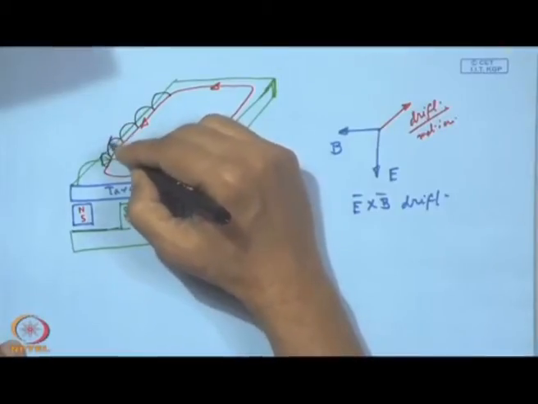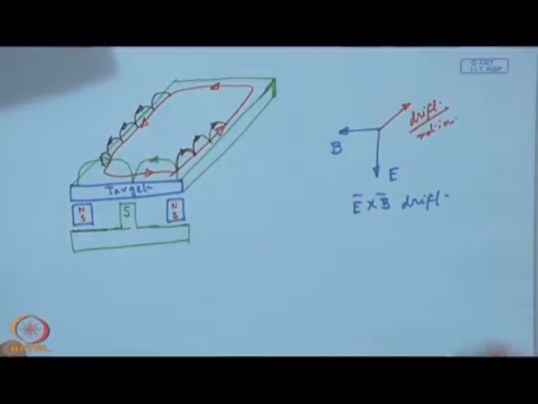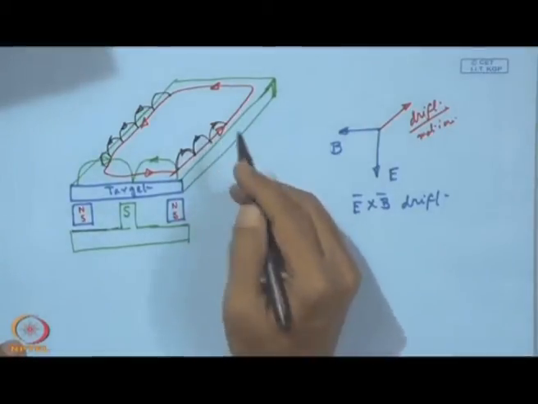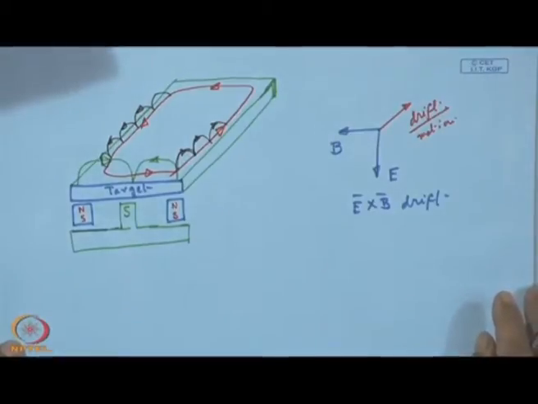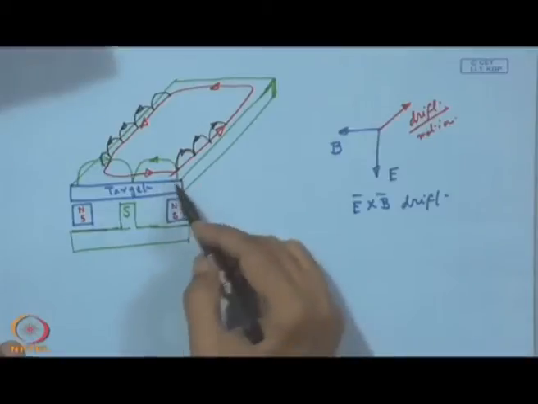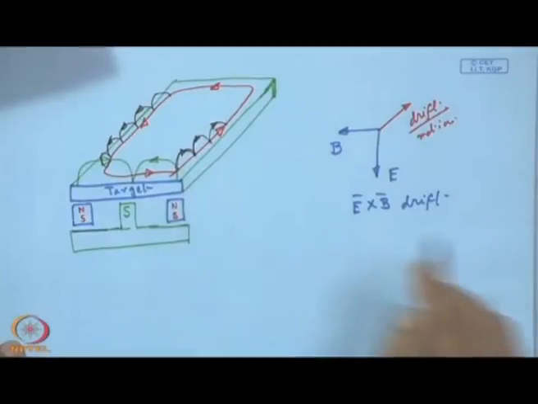So, one thing we observe immediately is that these electrons follow this path and at the same time move along this cycloid, and thereby follow a longer path. It is not just the emission of an electron from the cathode and arrival at the anode. These electrons are trapped in close proximity of the target, with this orbiting and this cycloidal motion.